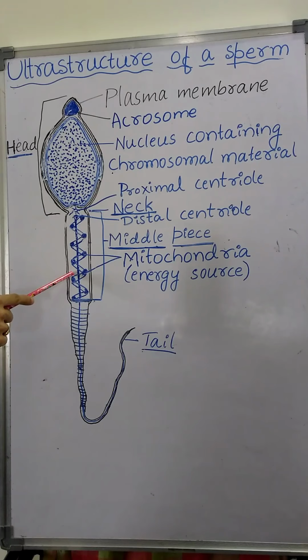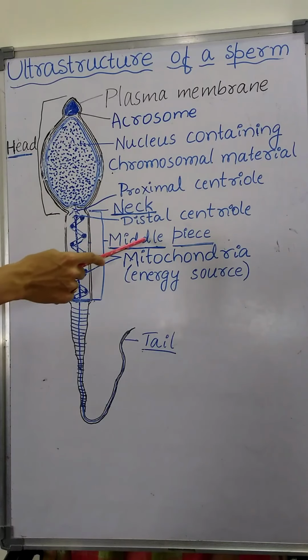The middle piece also has a thin layer of cytoplasm, which is surrounded by the plasma membrane.